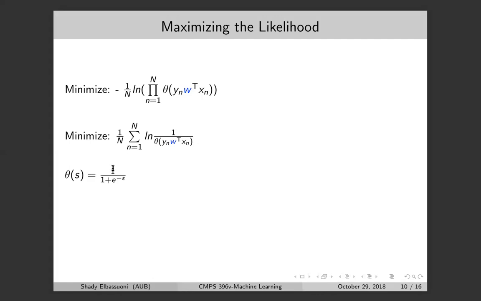The denominator appears in the denominator, and so it becomes log of 1 plus e to the power of negative s. Okay, so the error function that logistic regression minimizes is basically this average of the following quantity: log of 1 plus e to the power of negative yn W transpose xn. I know that e to the power of negative s is e to the power of negative yn W transpose xn.